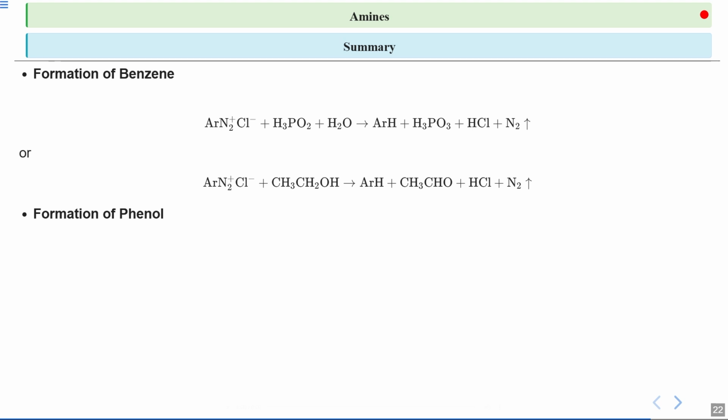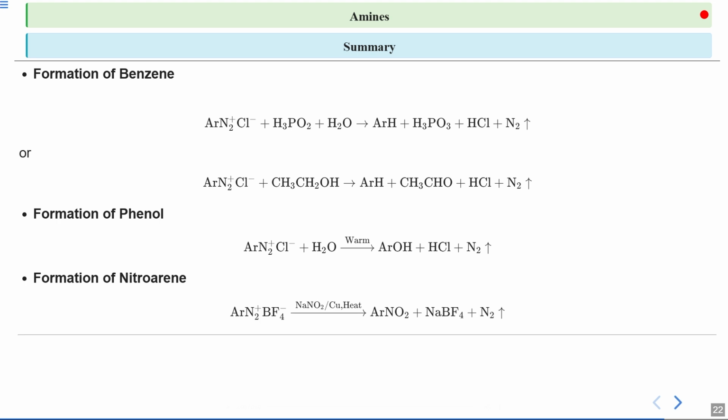Then we talked about formation of phenol from diazonium salts. Here the diazonium salts react with water. When warmed, it produces phenol, hydrochloric acid, and nitrogen gas. Notice that the only new group introduced is the hydroxyl group, which converts the aromatic amine into phenol.